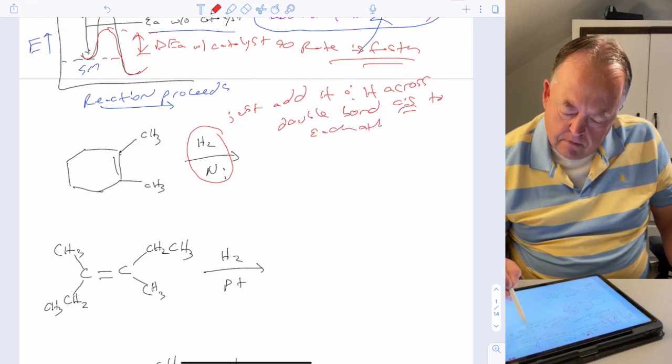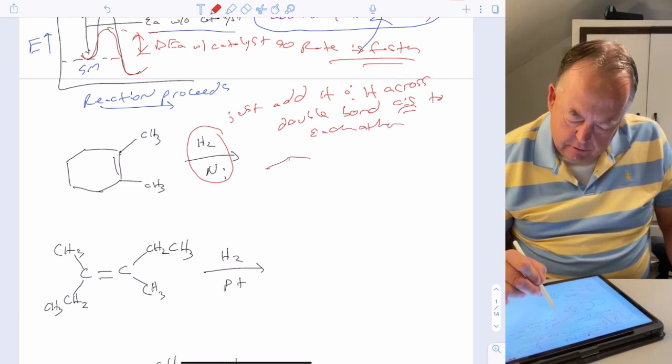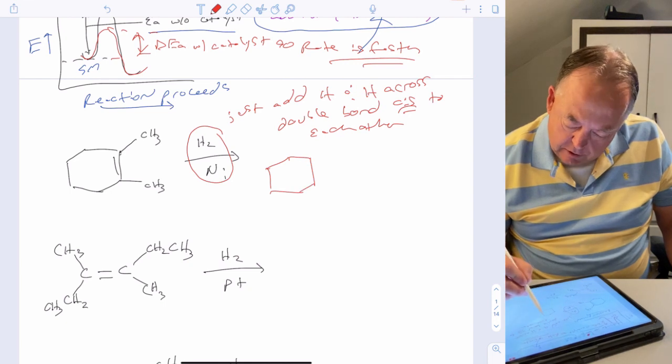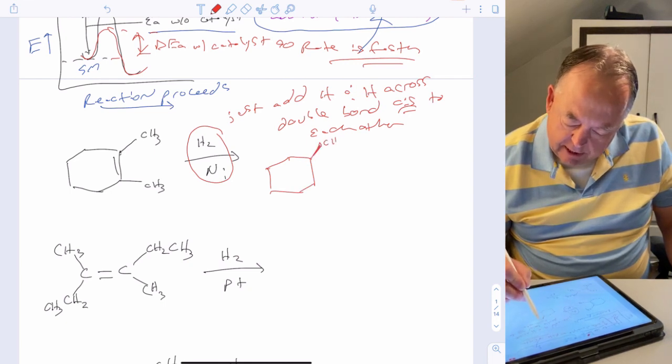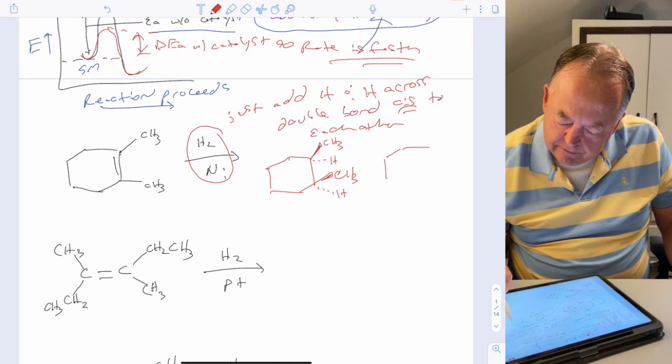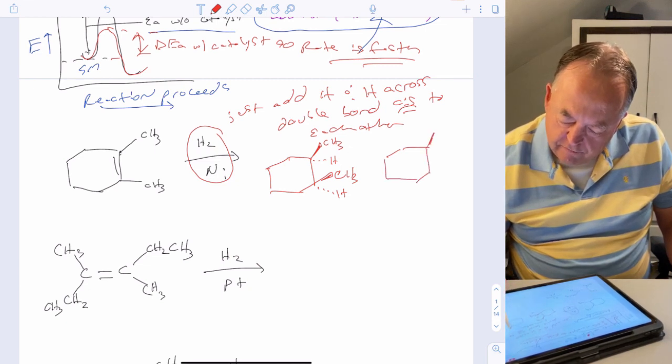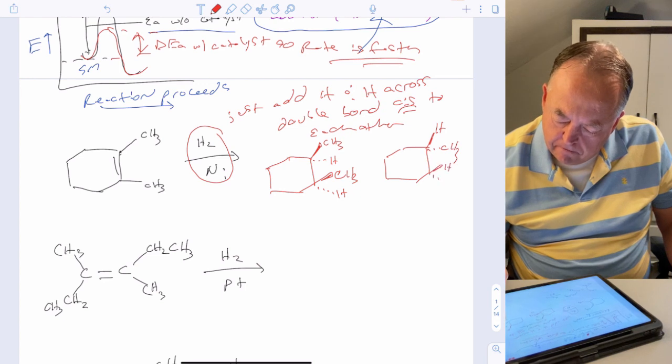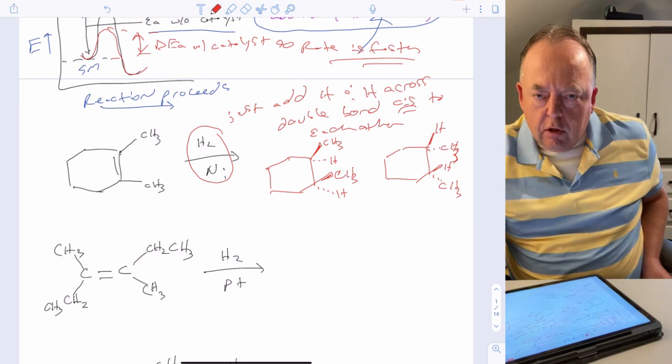So those two hydrogens could add to the top or they could add to the bottom. That would be if you added them to the bottom, or if you added them to the top. Then that's what the product would look like.